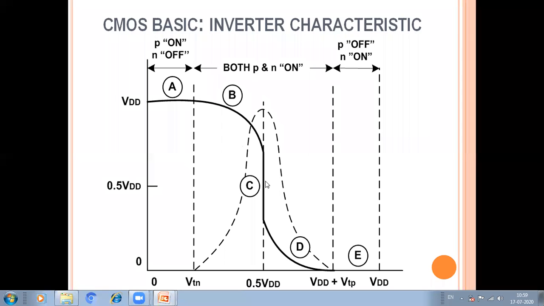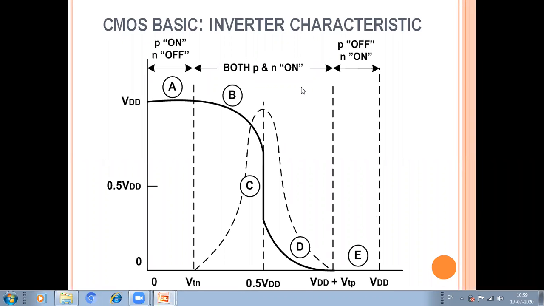But in the second, the linear operation region, also called the non-saturation region, VGS is greater than the threshold voltage, and in the output characteristics VDS is greater than zero but less than VGS minus VT. At that time the non-saturation or linear region occurs, and the MOSFET operates as a resistor.